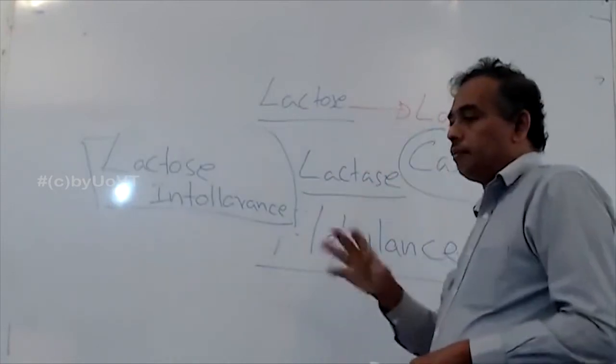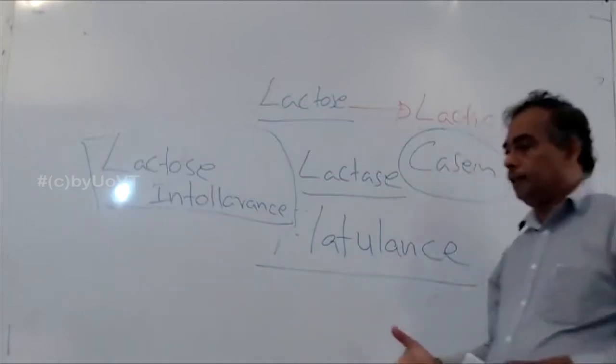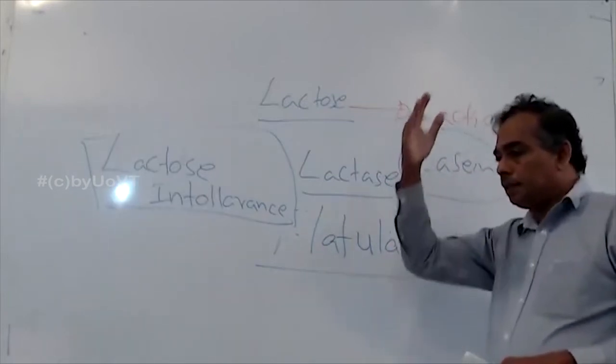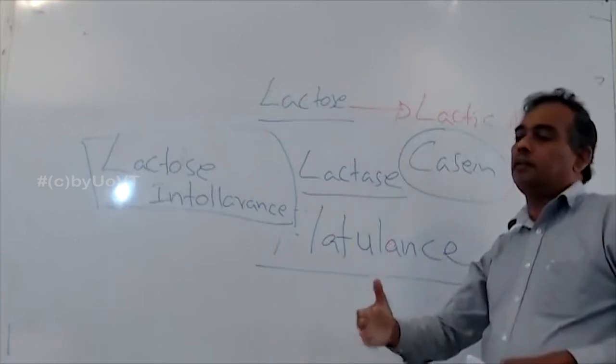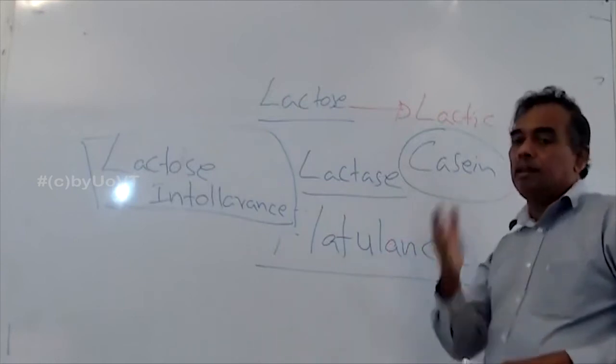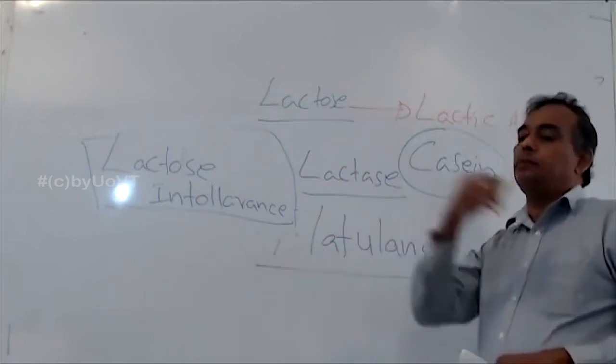Casein masks the sweetening capacity of lactose. So finally, the sweetening capacity of lactose gradually decreases. That's why we need to add sugar to the milk.